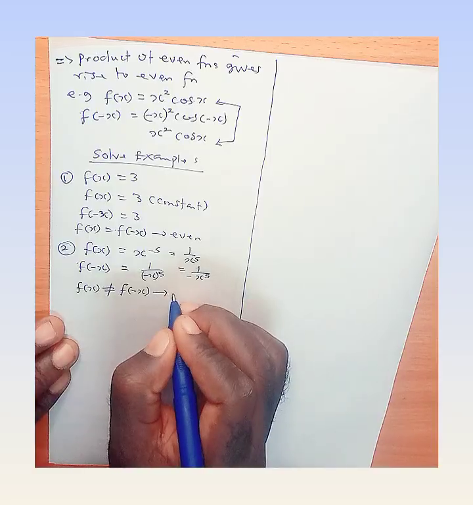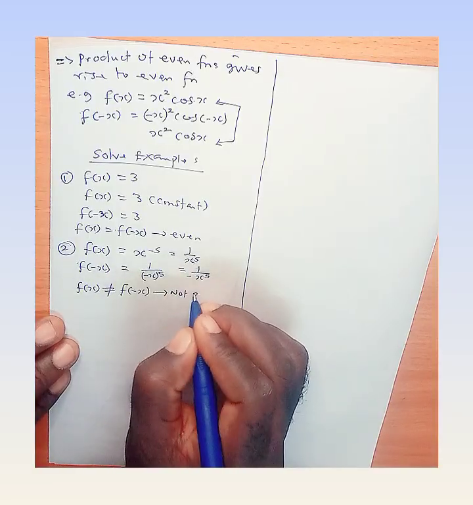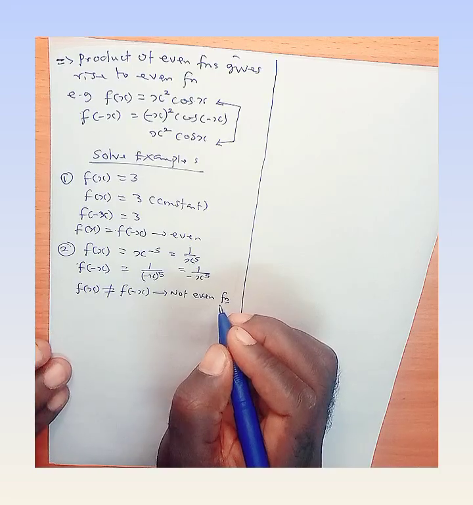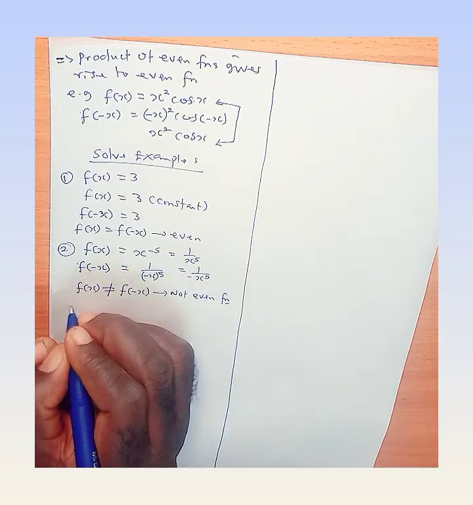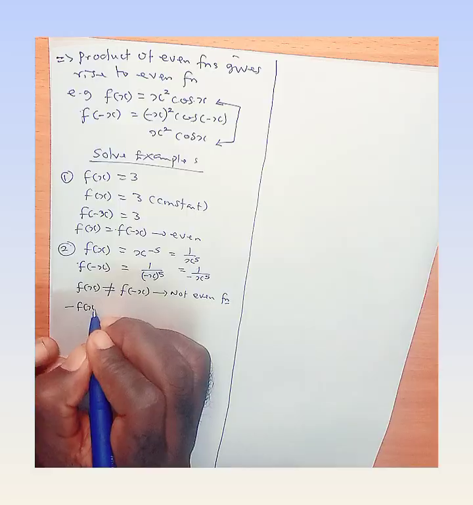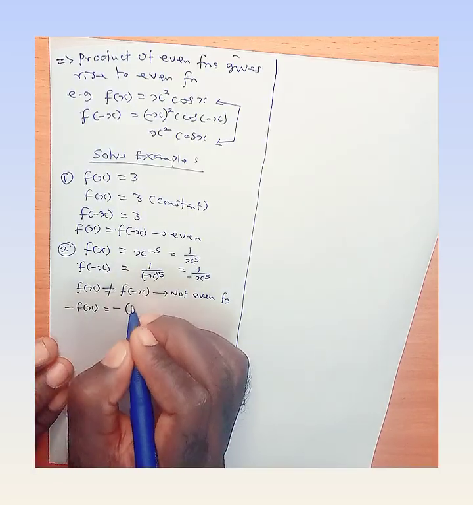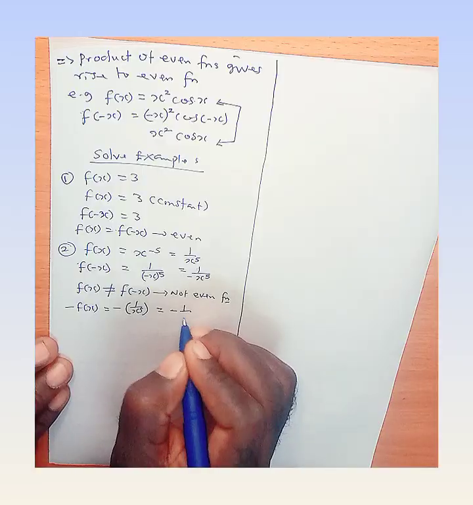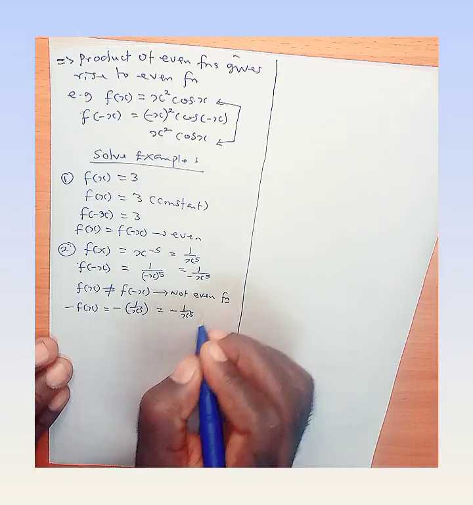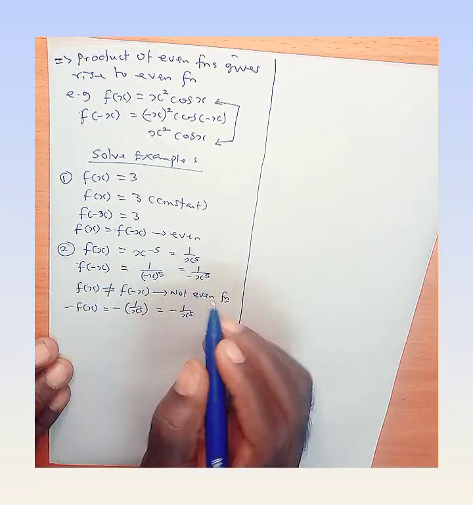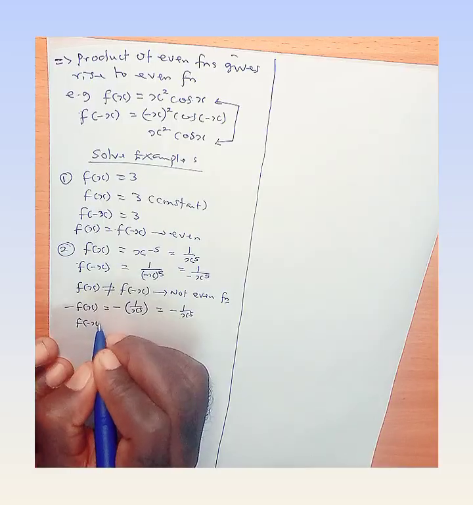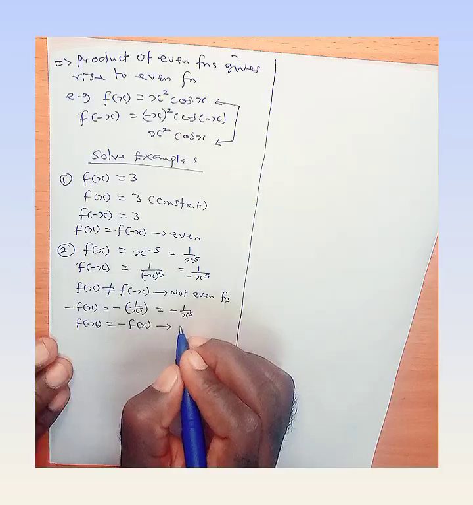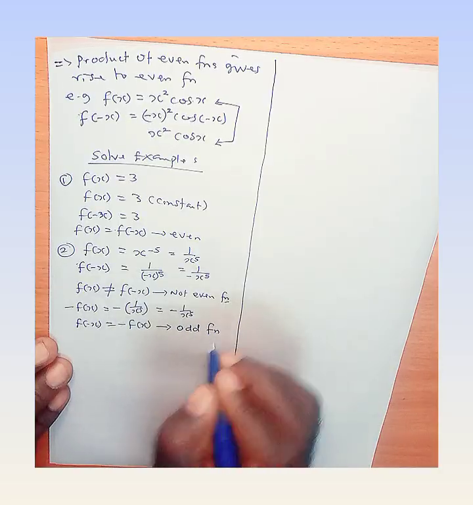For this reason, it is not an even function. Then you proceed and test it for odd function. Now, minus f of x is equal to minus 1 over x raised to power 5, which is the same thing as f of minus x. Since f of minus x is equal to minus f of x, then this function is regarded as an odd function.